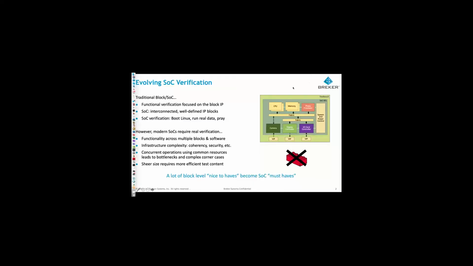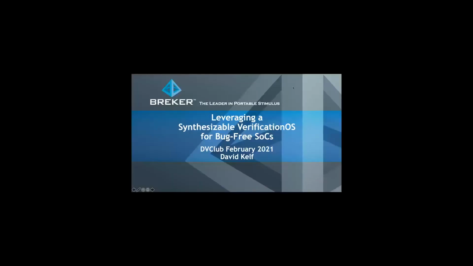Second speaker today is David Kelf from Breker Verification Systems, where Dave is CMO, which I think is Chief Marketing Officer. The topic of his talk is leveraging a synthesizable verification OS for bug-free SoCs.